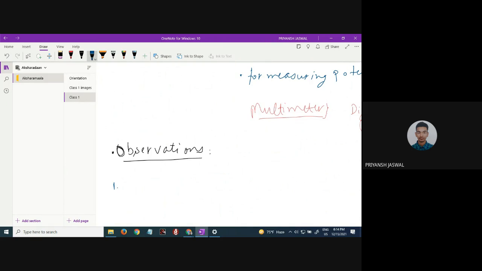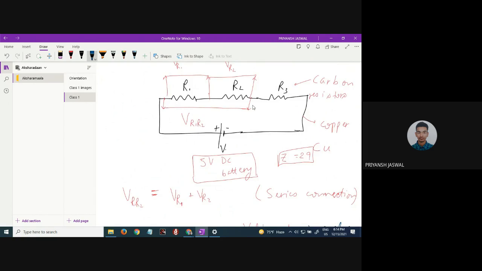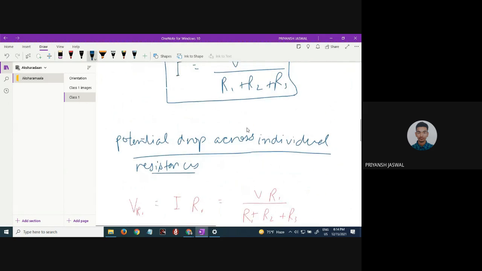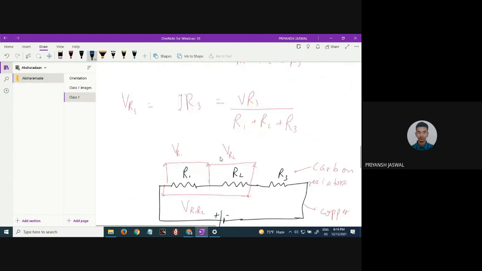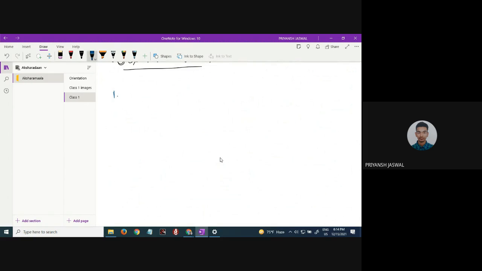Number one is that the resistance is added when the resistors are in series, like this equation here: R total equals R1 plus R2 plus R3.